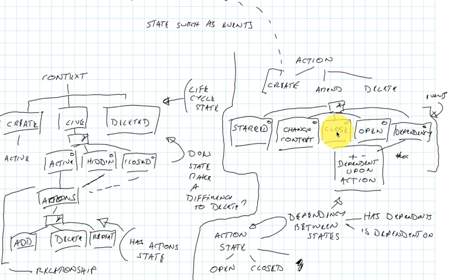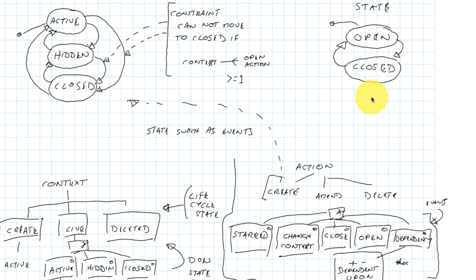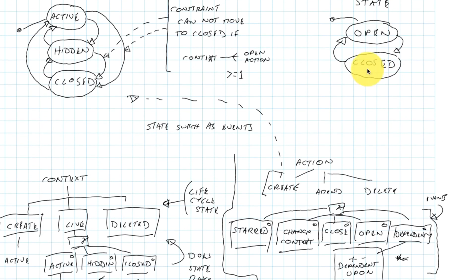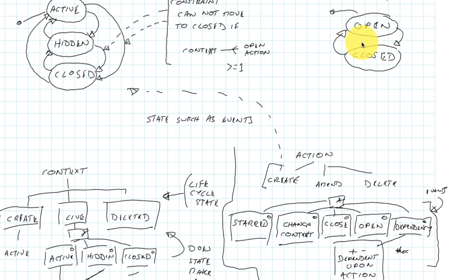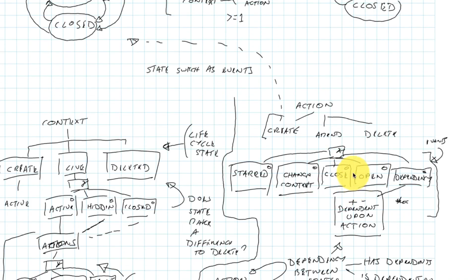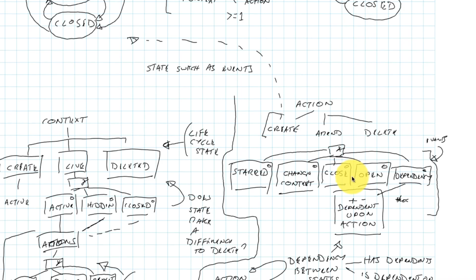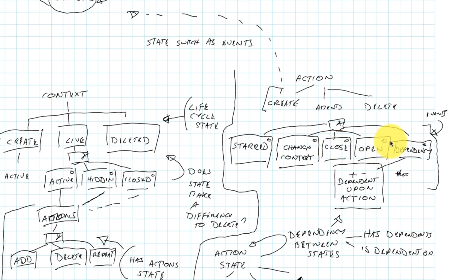So I can close an action, I can open it, and you can see that that's represented as the action state, because I'm interested in the action state, but that's an event. I can open it or close it. The event then causes a state change, and I'm really only interested in these state changes. So whatever here impacts that state change, I'm modeling as an event. Then I'm also thinking, well, does it matter if I try and have dependencies on action, right? Because this just says context can't be closed if it has multiple open actions.